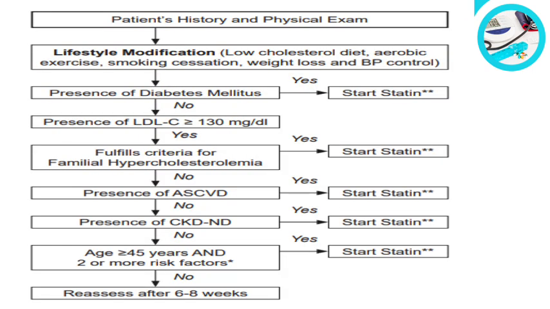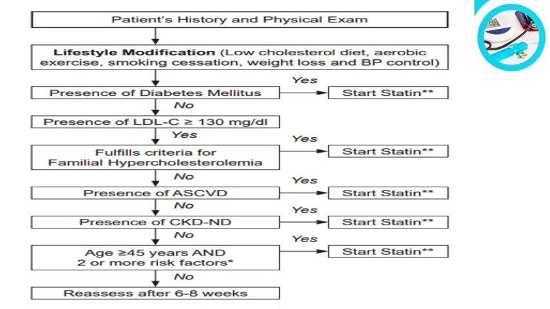The next slide shows the general algorithm regarding the treatment of dyslipidemia based on the Philippine practice guidelines. After a thorough history and physical examination, all patients should be advised lifestyle modification in the form of low cholesterol diet, aerobic exercise, smoking cessation, weight loss, and BP reduction.